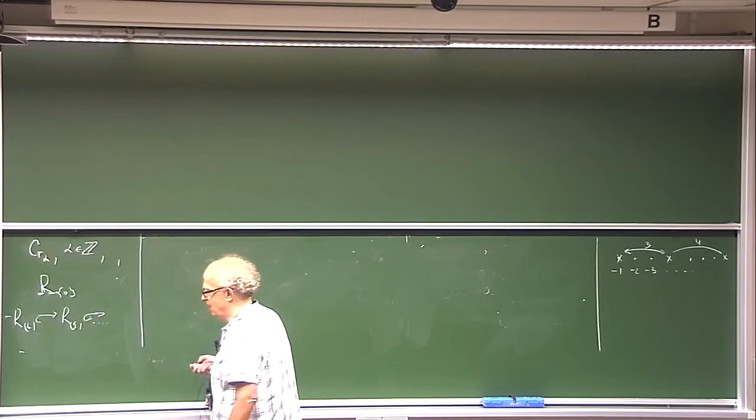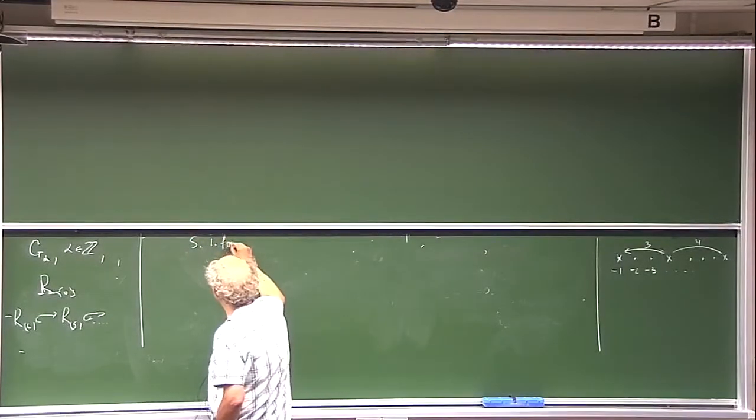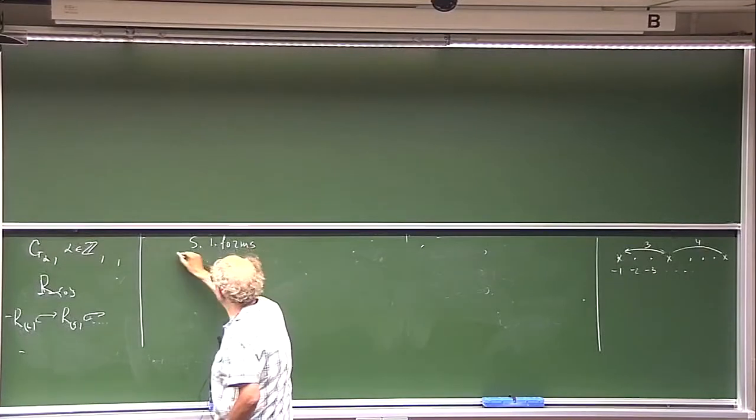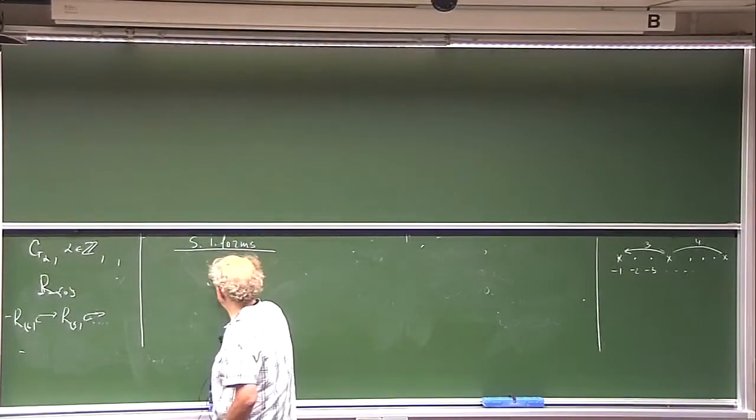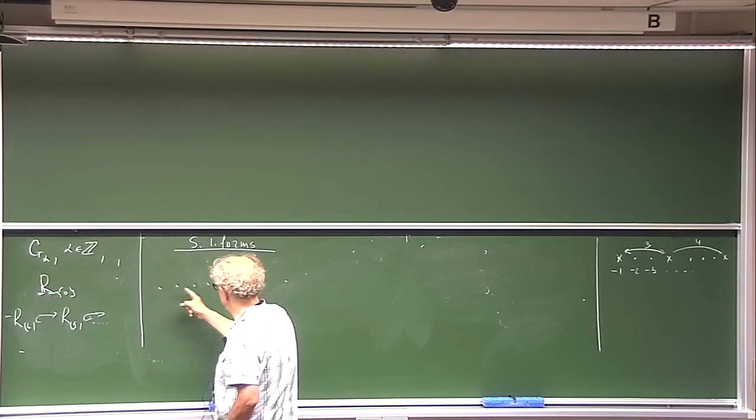I said that if we have the space of semi-infinite forms, then the basis in the space of semi-infinite forms is labeled by some semi-infinite configuration.